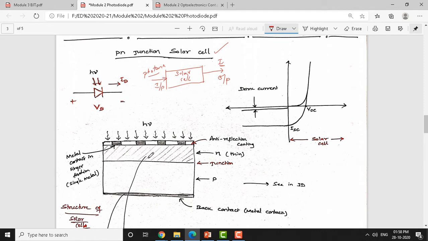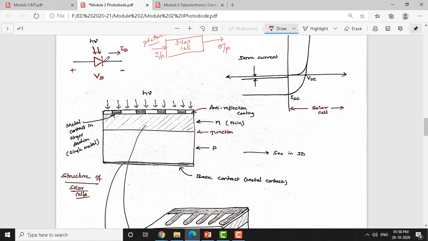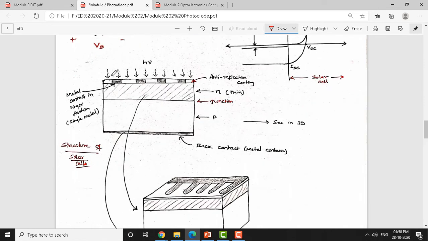Physical structure: if you observe the internal structure of the solar cell, it resembles what you are seeing here. It has different materials. This shaded region is the N-type semiconductor region, the N layer, and at the bottom we have the P-type semiconductor region.